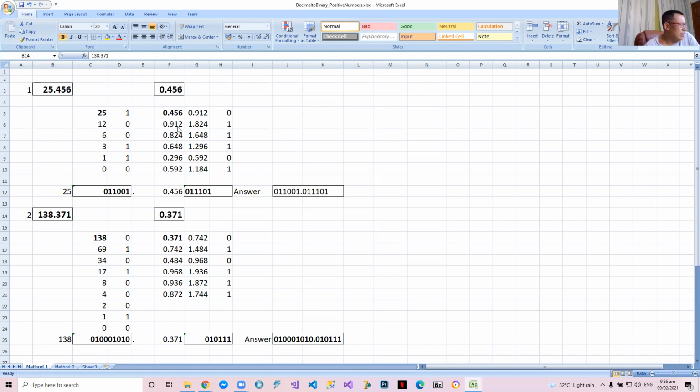Okay, and then 0.912 times 2 is 1.824. There's a 1 here, so we record the 1. 0.824 times 2 is 1.648. There's a 1 here. We record this. And then 0.648 times 2 is 1.296. We record the 1. 0.296 times 2 is 0.592. Okay, you follow? And then we record the 0, and then 0.592 times 2 is 1.184.